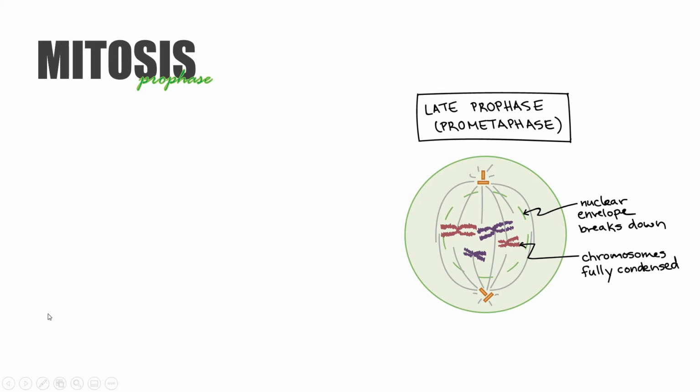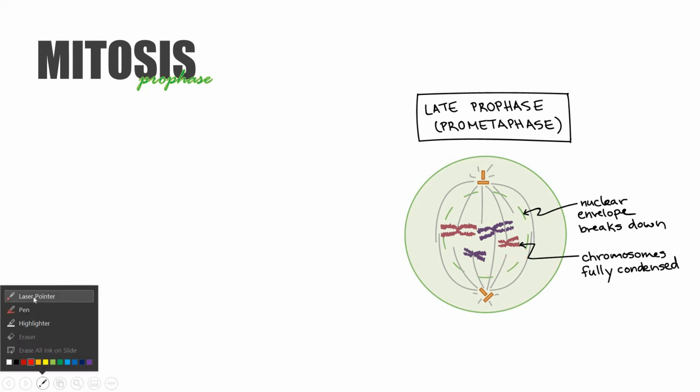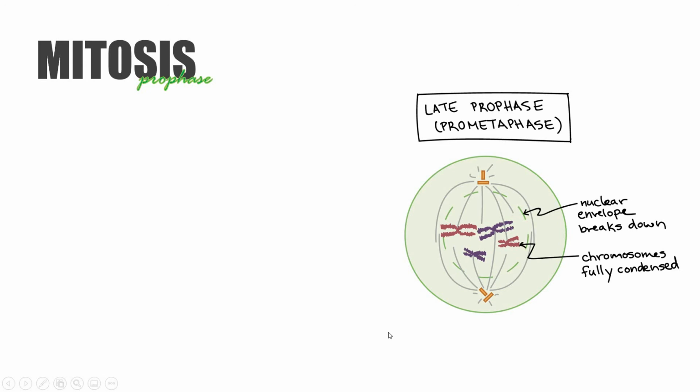Let's observe. As you can see, the nuclear envelope is already broken down, and then the chromosomes are fully condensed. They thickened. From being stringy, they became now as sister chromatids bound together sa may centromere. The mitotic spindle attaches now to the chromosomes.